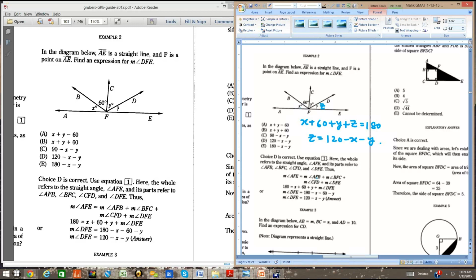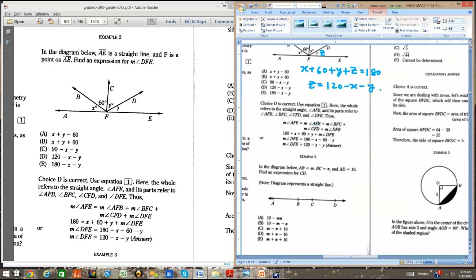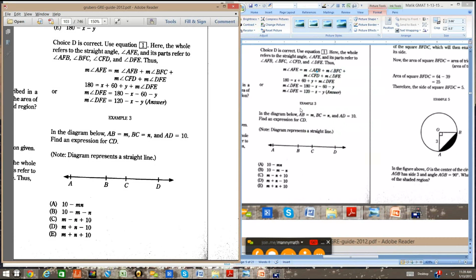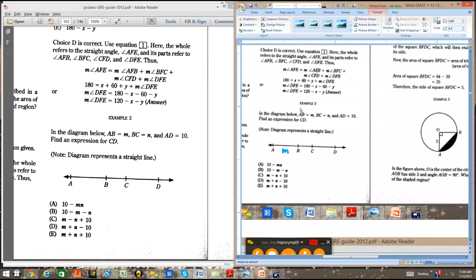Example 3 here. AB is M, so this is M. BC is N, so this is N. And the whole thing here is 10. So how do you find the remaining parts?